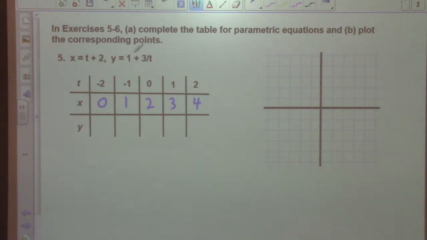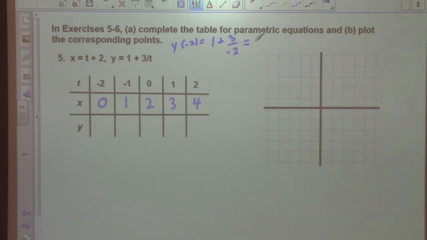And now for this one right over here, to plug in our y coordinates, we have y of negative 2. I'm going to write it over here because there's a little more arithmetic here. It is 1 plus 3 over negative 2. So that's going to be 1 minus 1.5, is that right?